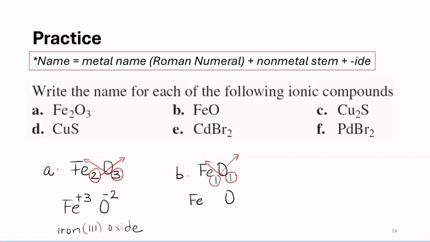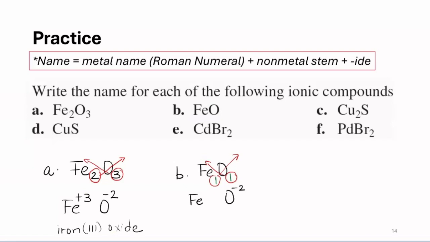If we know that oxygen is always minus 2, it can be suspected that the reason there are no subscripts in this chemical formula is because the charge of the iron cancels the charge of the oxygen.